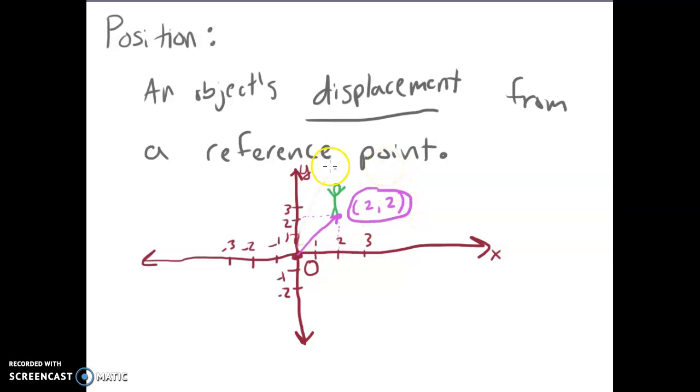Now, we don't necessarily need to have position be represented as an ordered pair. We could also say, let's put in an observer. So we'll draw you, and you're smiling because you're happy to be learning about physics.